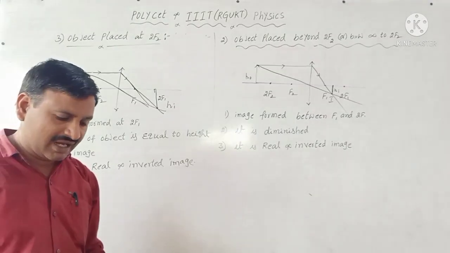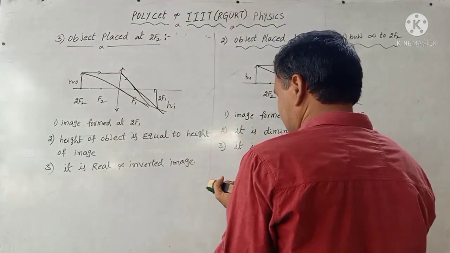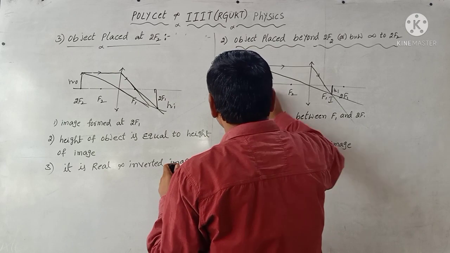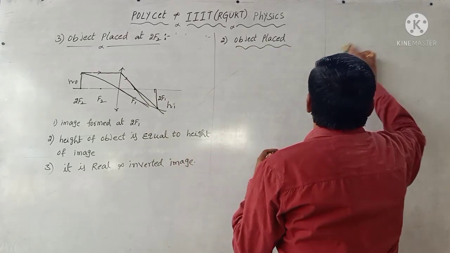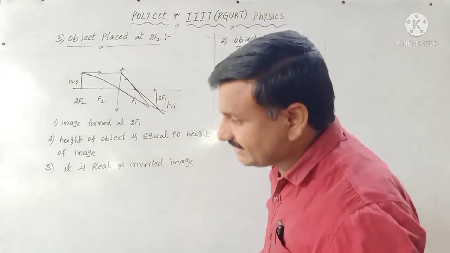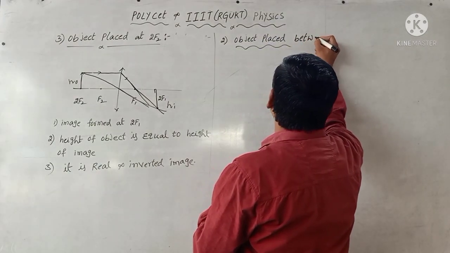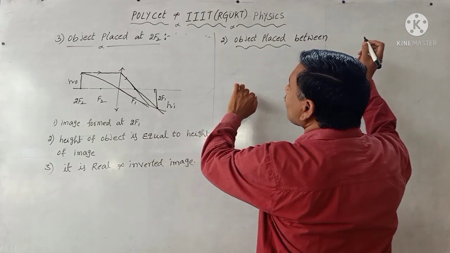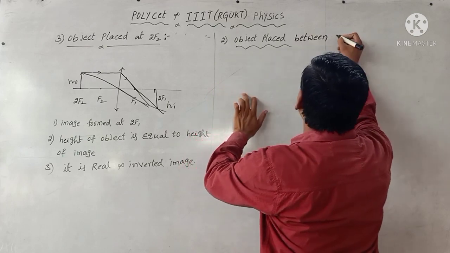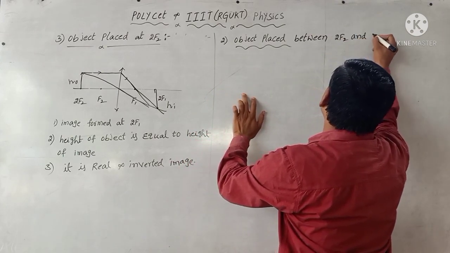Now we go to the fourth situation. Object placed between 2f2 and f2.